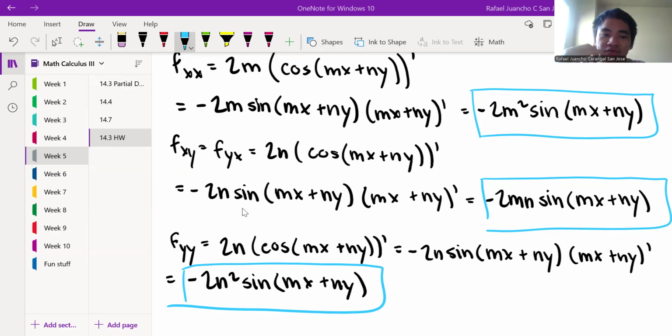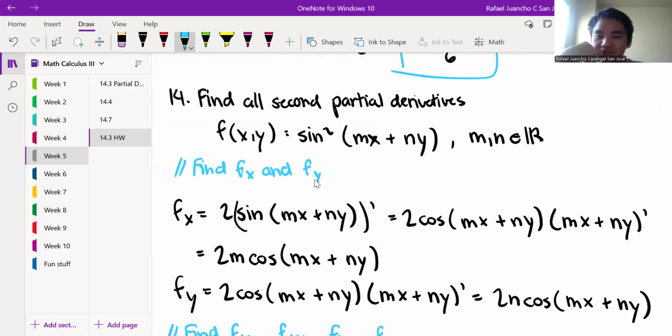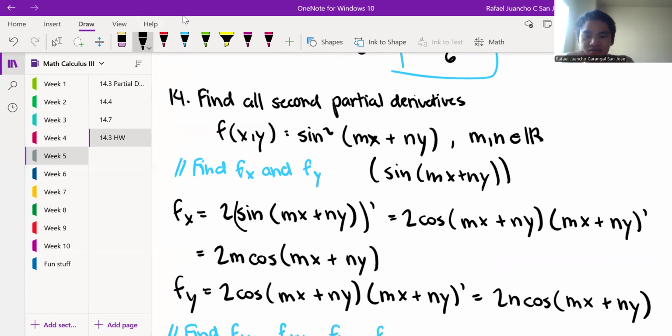Oh, it's sine squared. So that's why I was wrong the whole time. Because if it was sine squared, no way I did my differentiating wrong. This is just sine of whatever's inside, squared.